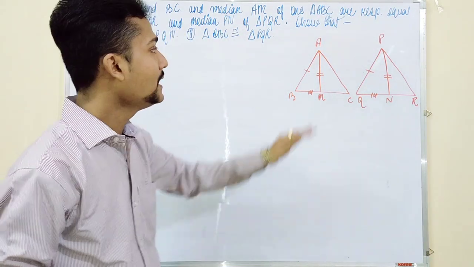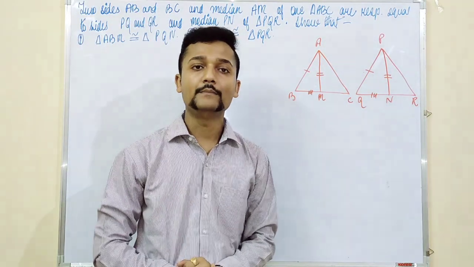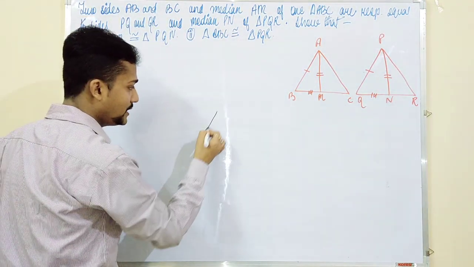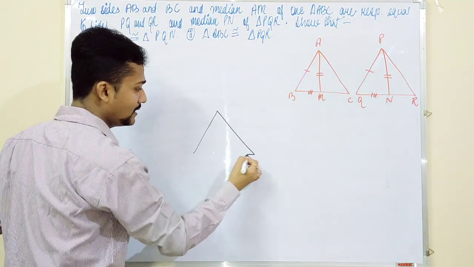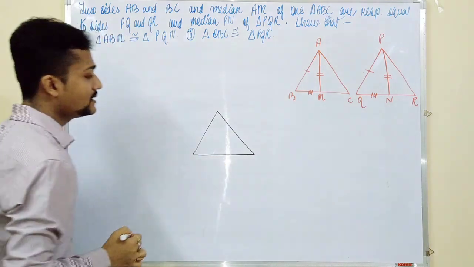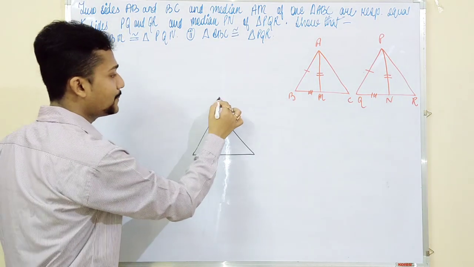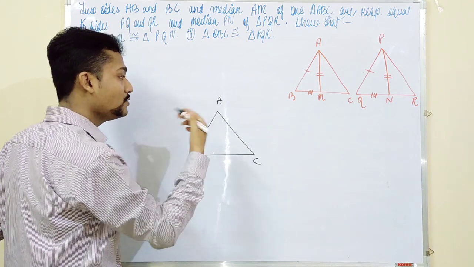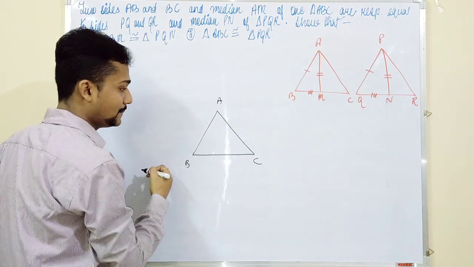But here AM and PN are medians. So what is a median? To do the solution, we need to understand what a median is. Say for example, ABC is a triangle and I want to draw a median on BC.